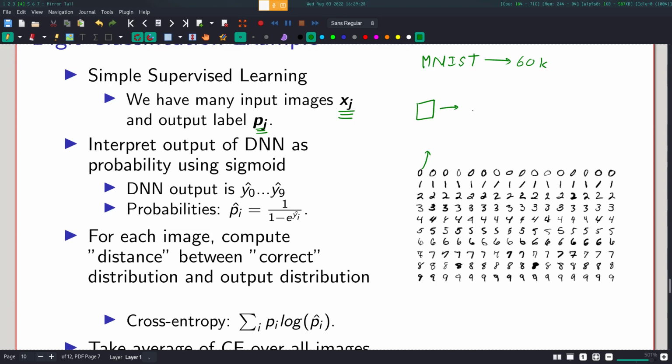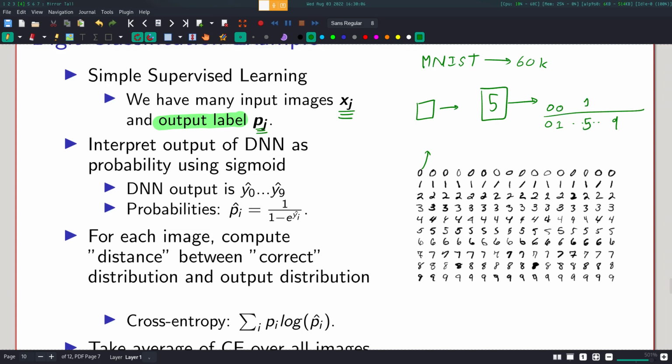For example, if I take this digit 5, then I have a corresponding probability distribution which assigns probabilities to this digit being 0, this digit being 1, and so on. Now I know that this digit is labeled 5, so I'm going to define my correct output probability distribution as one where the probability of this image being 0 is 0, the probability of it being 1 is 0, and so on, but the probability of it being 5 is 1, and being anything else is 0.